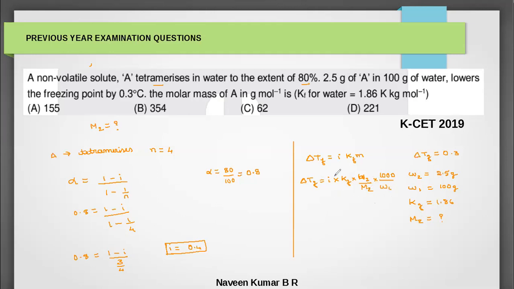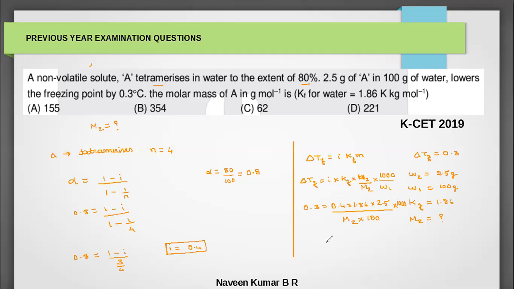Now, except M2, all the values are available. If you substitute, delta Tf is 0.3, i value is 0.4, Kf is 1.86, W2 is 2.5, M2 is what we need to identify, W1 is 100, and the numerator 1000.